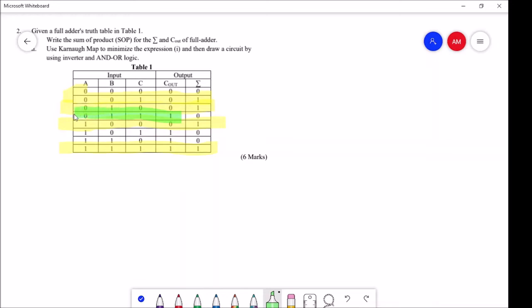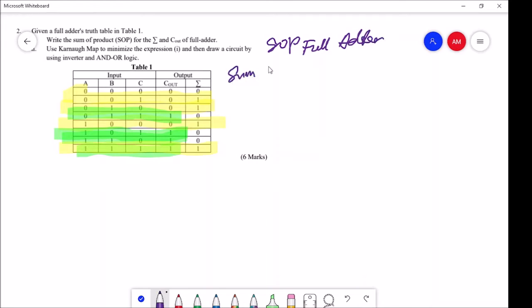Okay, sekarang kita highlight value untuk high output untuk C out. Okay, dapat dah. Sekarang kita tulis dia punya sum. We will write the sum. Okay, tulis number tepi tu nak bagi senang.